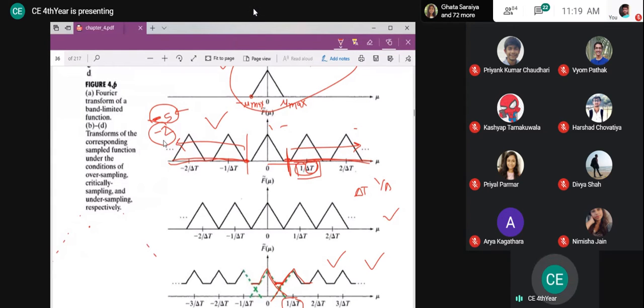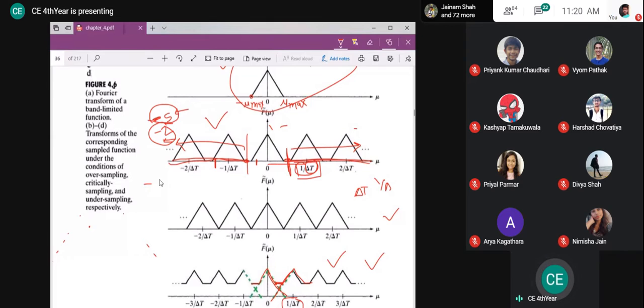The same way for 2. So the frequencies are 5 and 2 only, right? So 5 is always higher here than 2.